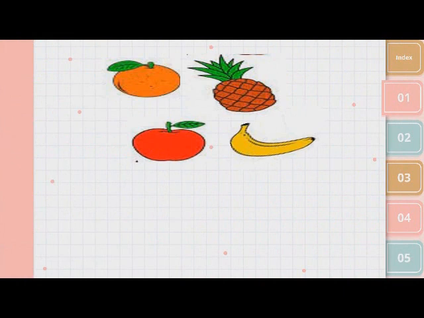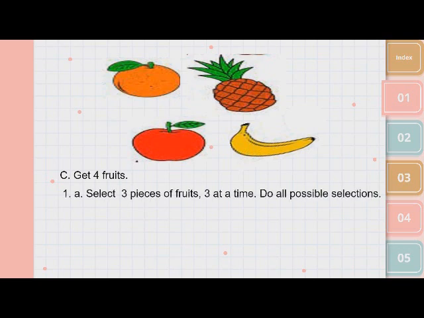Same problem. This time, three at a time. How are you going to do it? So we can have orange, pineapple, banana, one count. Next, apple, banana, pineapple. So you have two. Next, banana, pineapple, orange.